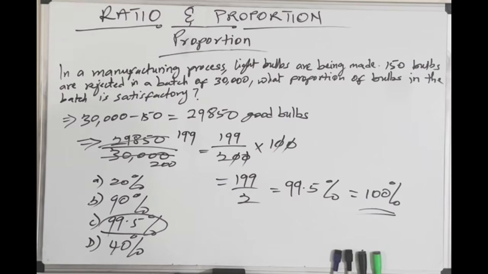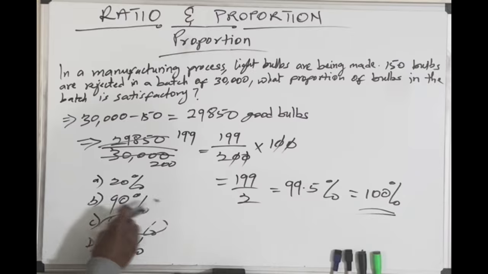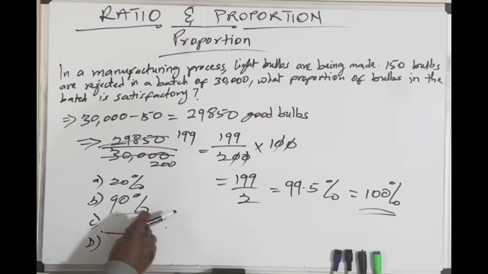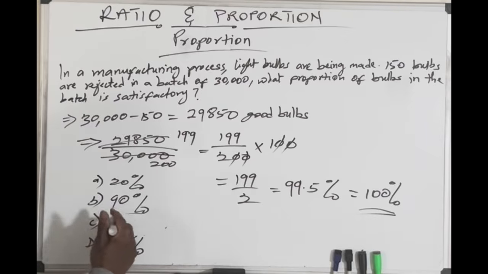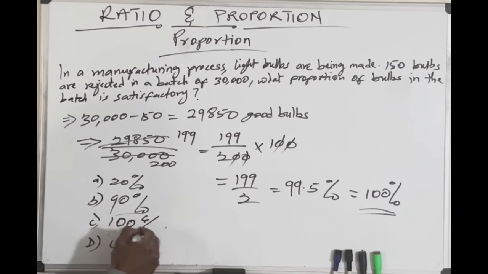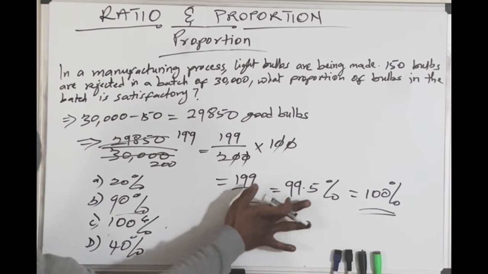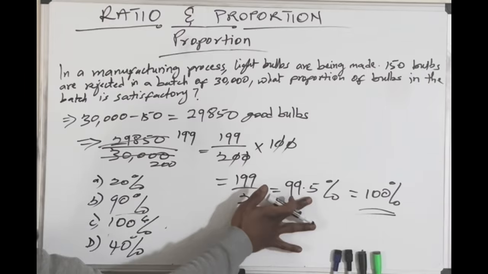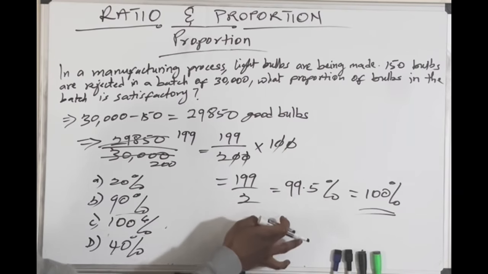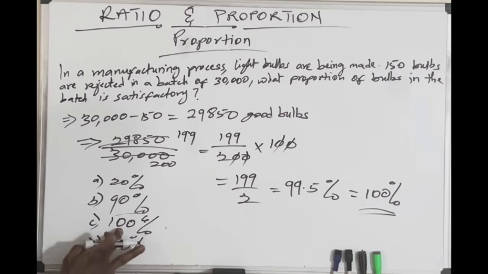That's right, C. Correct. But then if we don't have 99.5% and we have 100%, you just have to be smart enough to know that the answer is this. You worked your way out and then you had this. Yes, but probably they rounded it up. They had 100%. So still you have to pick your answer to be C.